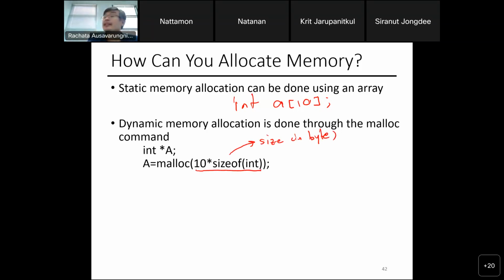In this case, it's 10 multiplied by sizeof(int). It basically means that I want to create space for 10 integers and return the beginning of that space to A, so A will point to this location. And then you have the space for 10 integers.